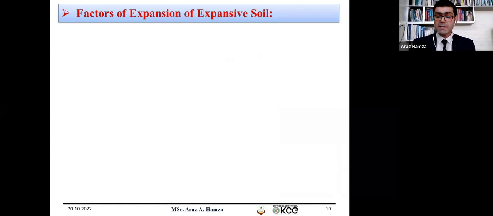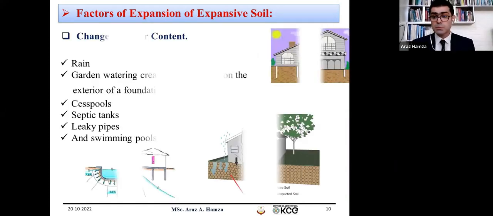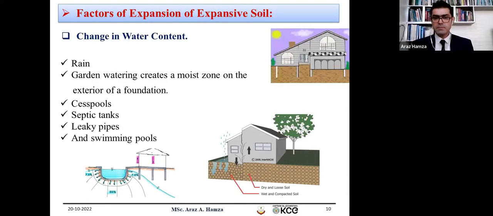Because there are some factors that make the soil expand. The first factor is change in water content. How will this change occur? This is very important for the site engineers to control, such places or situations that make variation of the water content.